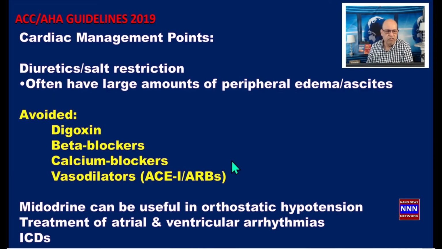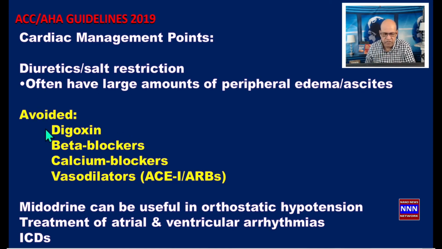So ladies and gentlemen, just to summarize some of the things that we need to keep in mind as cardiologists: diuretics and salt restriction would be the main focus of treating patients with diastolic dysfunction, whether it is due to hypertension, aortic stenosis, hypertrophic cardiomyopathy, or amyloid disease. Because of the stiff ventricle, they develop pulmonary congestion and edema very quickly, so diuretics, salt restriction, and weight management are of paramount importance.